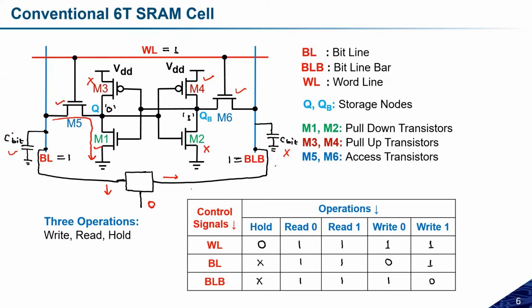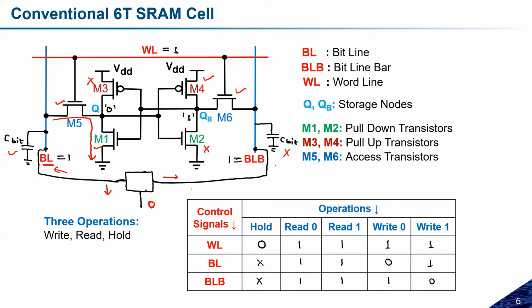Initially both the bit line and bit line bar capacitors were charged at VDD, but because this bit line capacitor is getting a path, it will start discharging through transistors M5 and M1. If it is getting discharged, the voltage at BL will be reduced. So this comparator, which we call the sense amplifier, is getting the potential difference between two inputs.